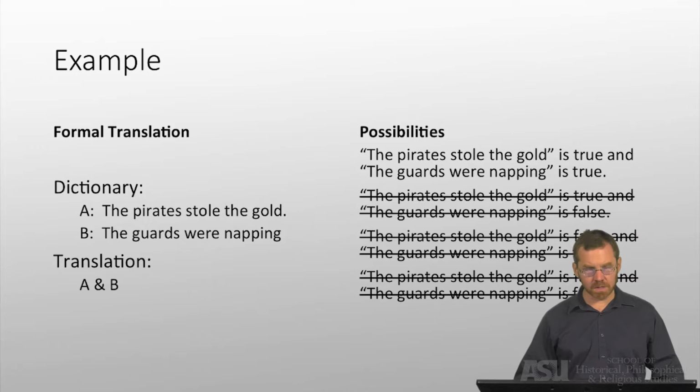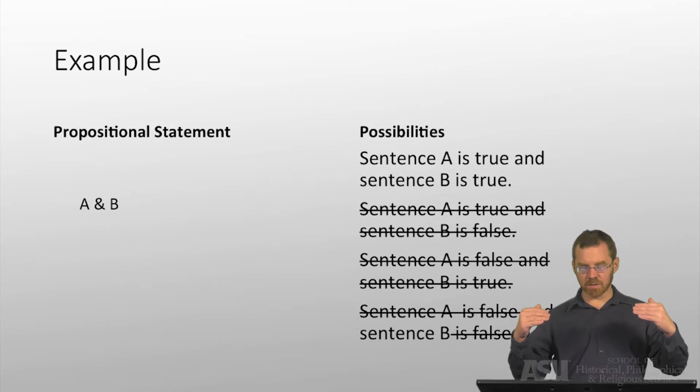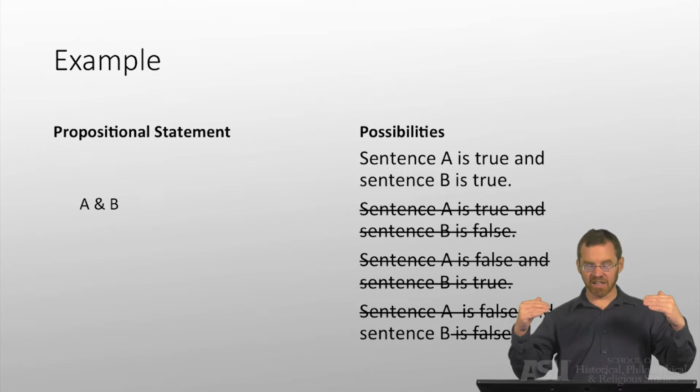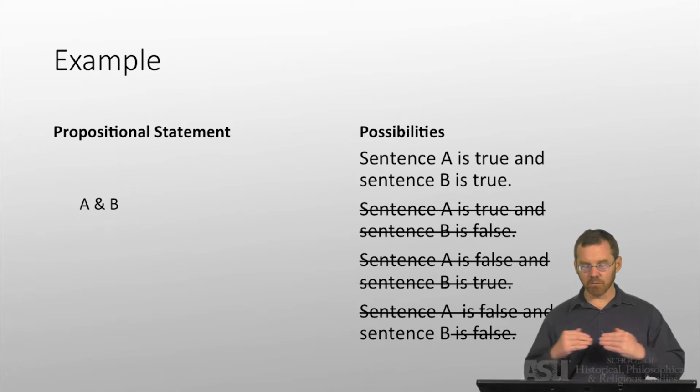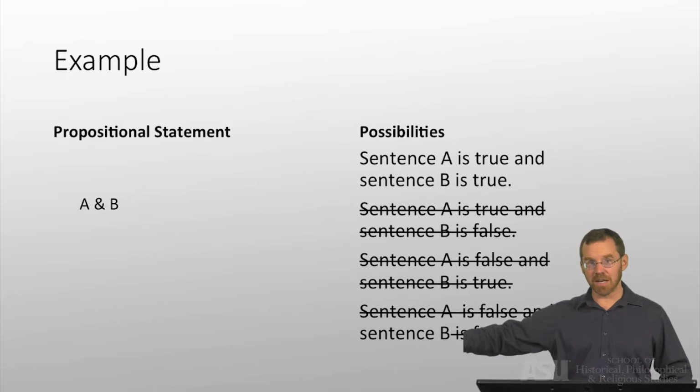Now, this was our translation. Notice what A ampersand B does. It says sentence A is true and sentence B is true. That's the only possibility allowed. Second, third, and fourth possibilities, right? True, false, false, true, false, false. Those are all eliminated. It's the same thing.